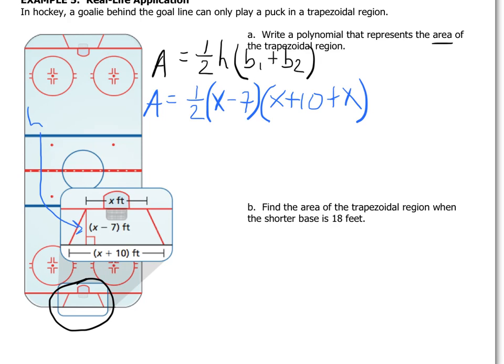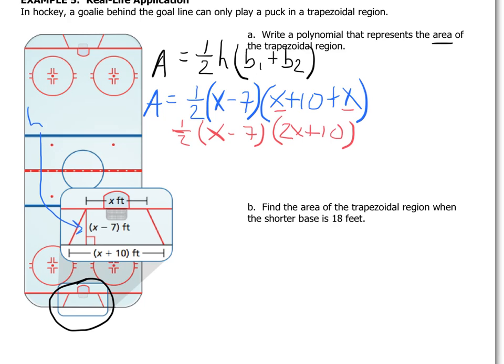So now we're just going to see what we can simplify here. Well, I can certainly combine things inside the parentheses. I see x's that can be added to other x's. So I probably want to make this less of a complicated problem by putting together the x's to make 2x plus 10 inside the grouping. There's really nothing I can do yet with the x minus 7 and the half. We're just going to leave that there for a little while to see what actually happens here.